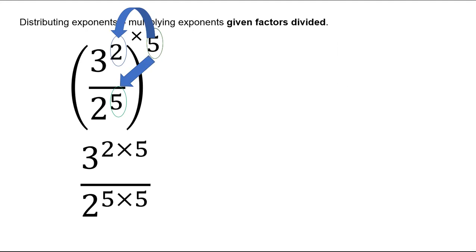And in the denominator, I'll have 2 to the exponent of 5 times 5, which will give me 25. Now you'll end up having 3 to the exponent of 10 divided by 2 to the exponent of 25. You can't simplify those two. Just leave them as they are.